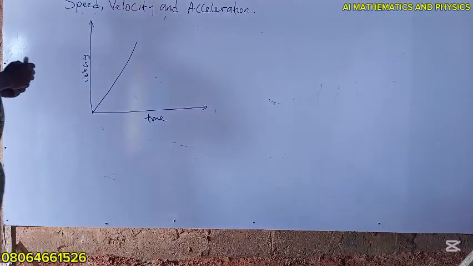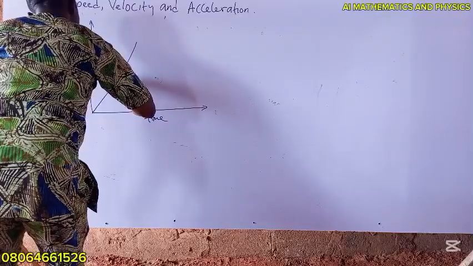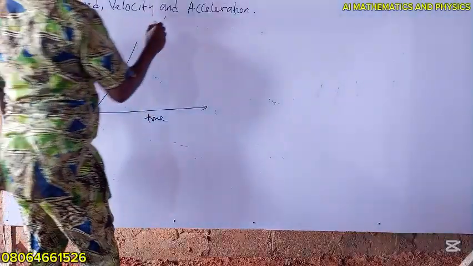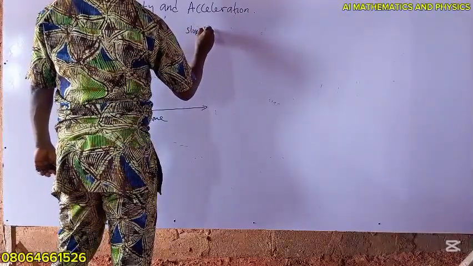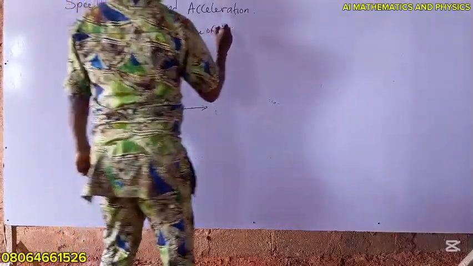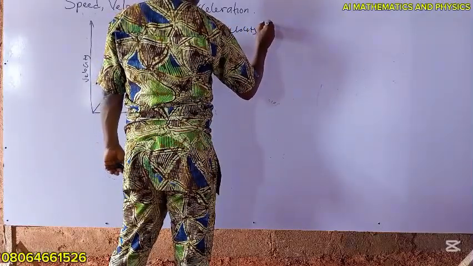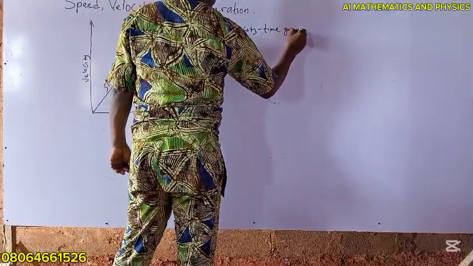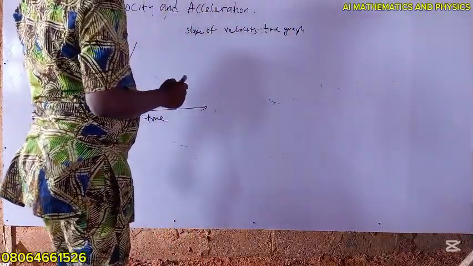The slope of velocity time graph is what? It is acceleration.